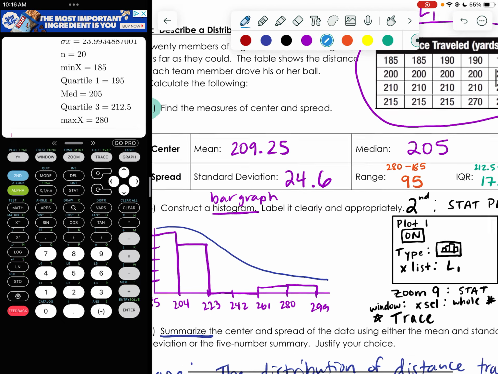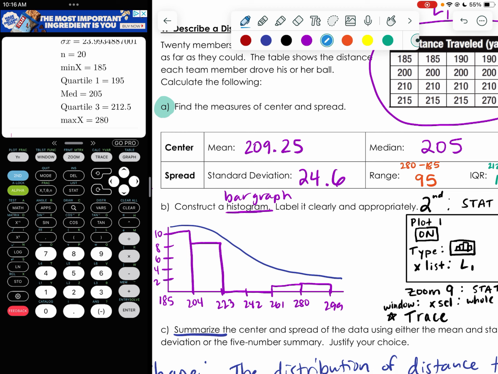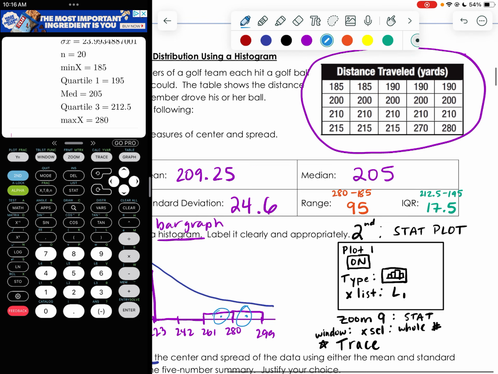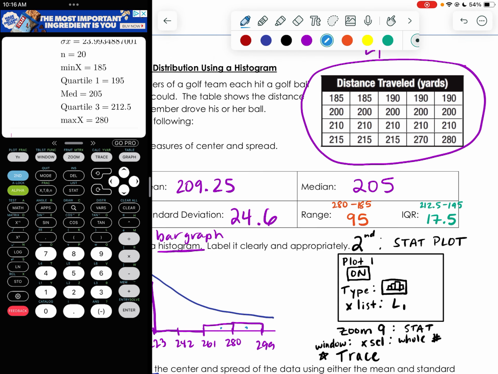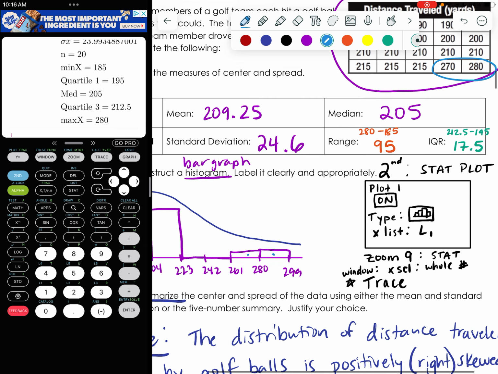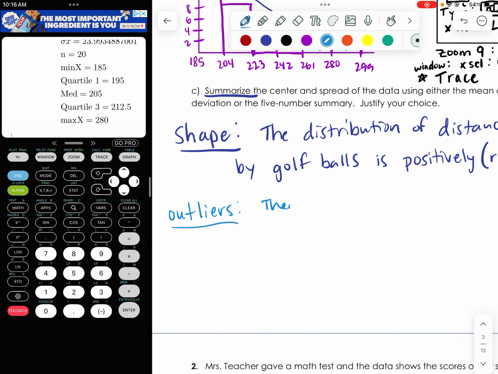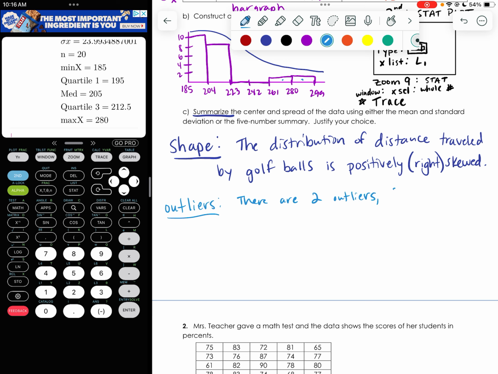But I would say probably the two that are way out here don't fit with all of the other data points. So those would be the 270 and the 280. I'm going to say there are two outliers, 270 and 280. Okay, they just don't fit with the rest of the data.